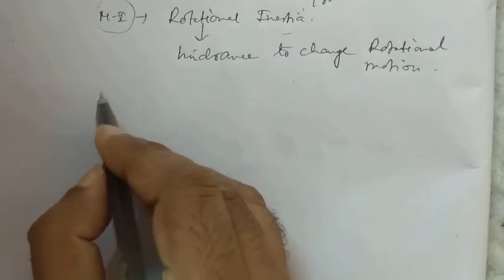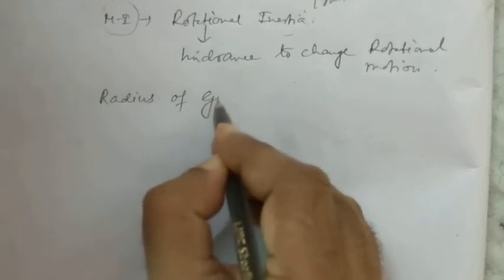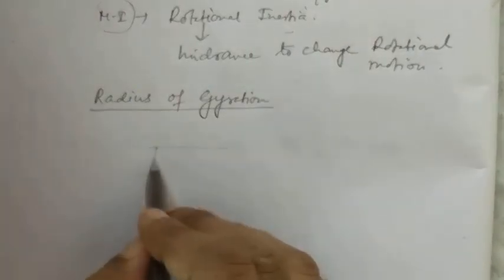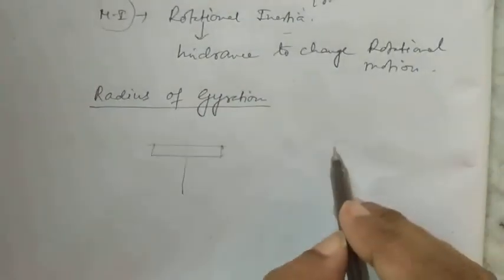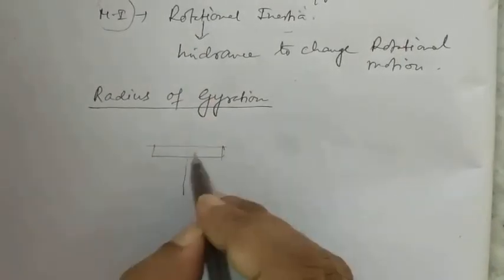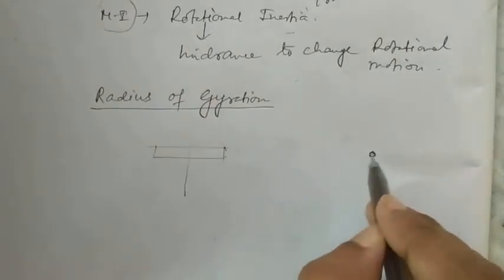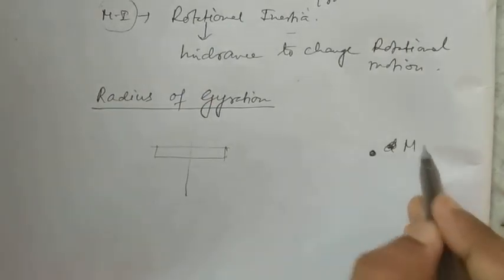But one more term I have to describe here, that is radius of gyration. Now, what is radius of gyration? If we take a rod, and take the axis here, it doesn't matter. By radius of gyration, we mean that this rod can be converted to a single point mass m.